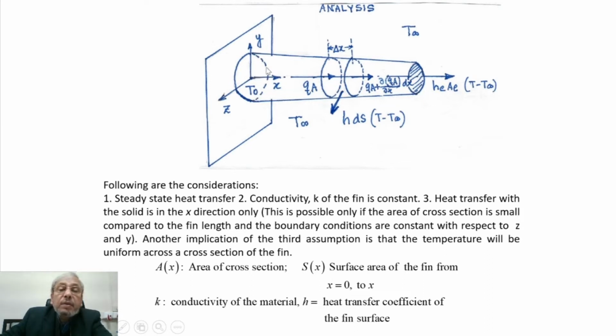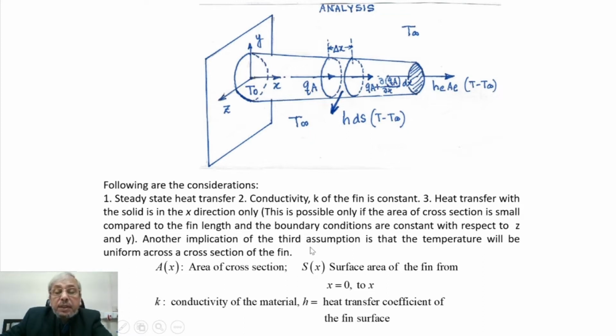This is not a rectangular geometry, so appreciating that is difficult. So, as I said, at a given x, along the periphery, the boundary conditions are constant.